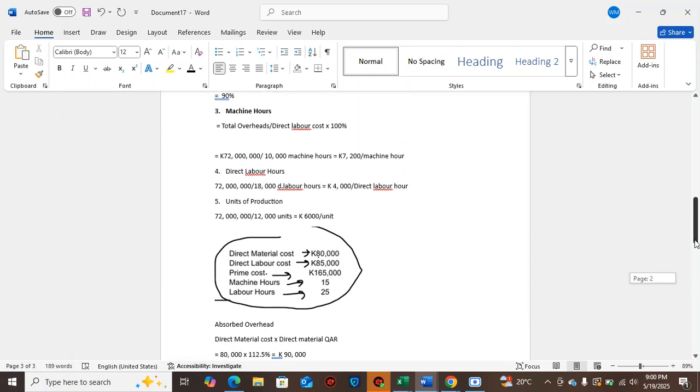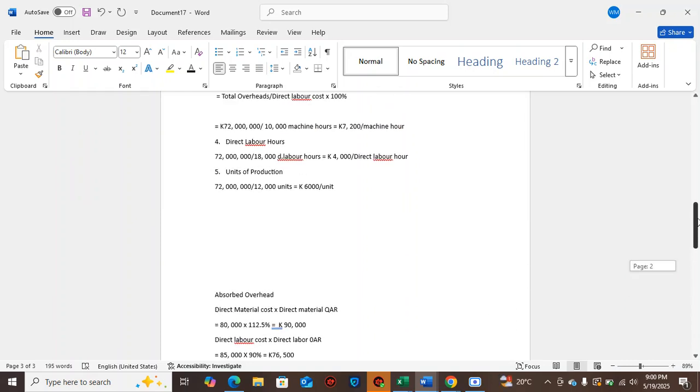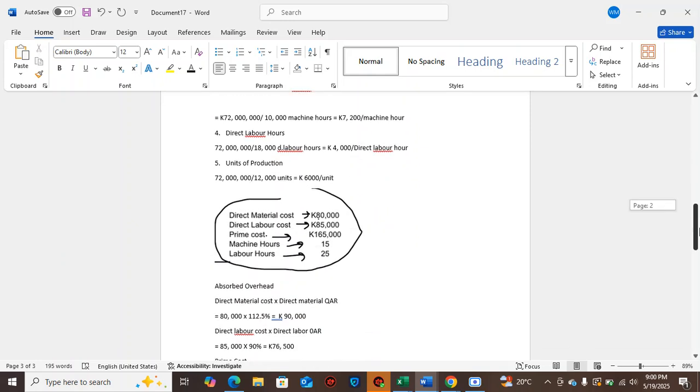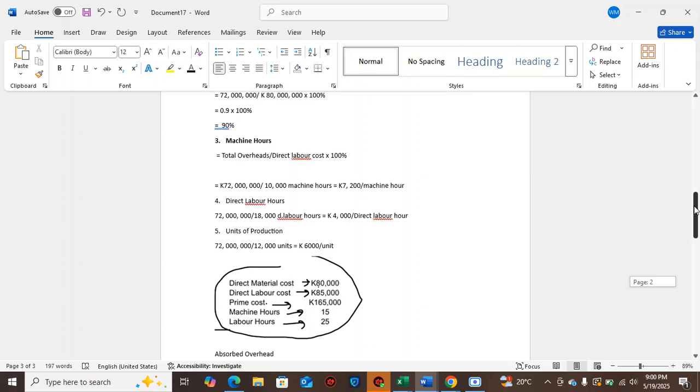And if we use labor hours, it's your labor hours multiplied by your overhead absorption rate based on labor hours. Our labor hours in this case is 25 labor hours, multiplied by our overhead absorption rate for labor hours.